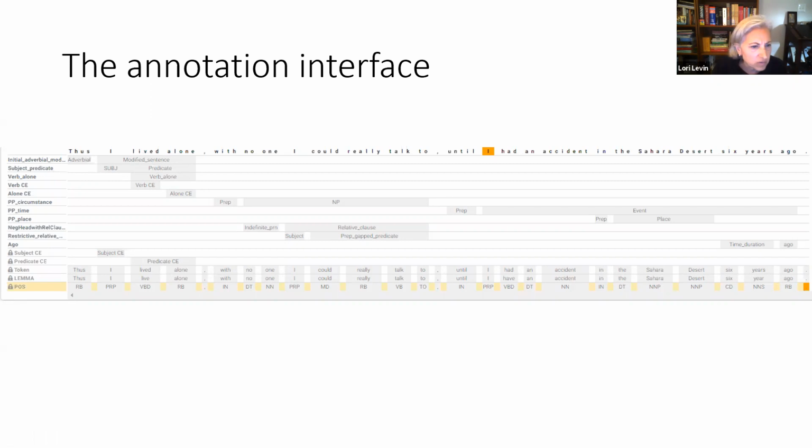Sorry, some of these labels are wrong because we're having trouble using the annotation tool. In any case, the rows are construction names, and each construction has construction elements. This is what the annotation would look like.